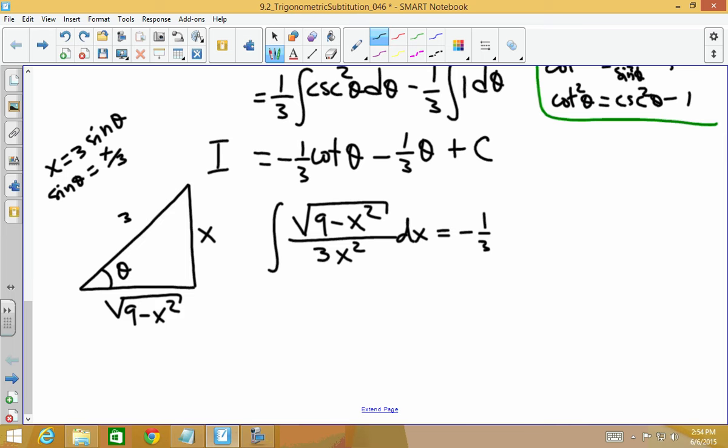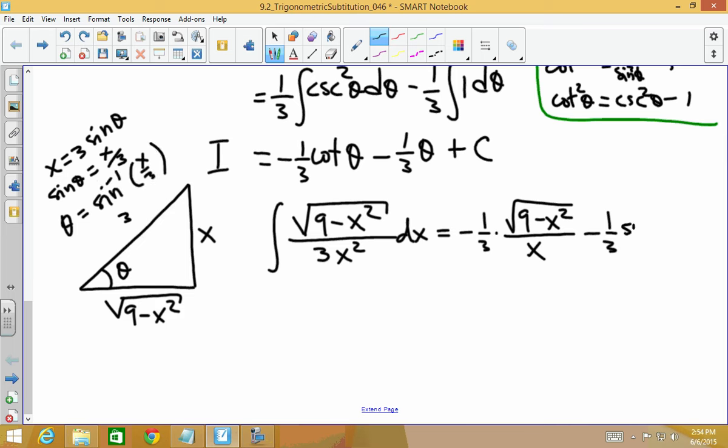As we know, cotangent is adjacent over opposite, that means square root of 9 minus x squared divided by x, then minus 1 over 3 theta. And what is theta in this case? If we solve, we get theta is sine inverse of x over 3, then plus constant. And that's your final answer.